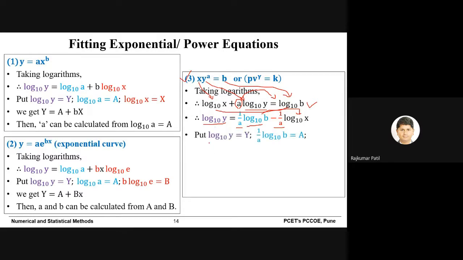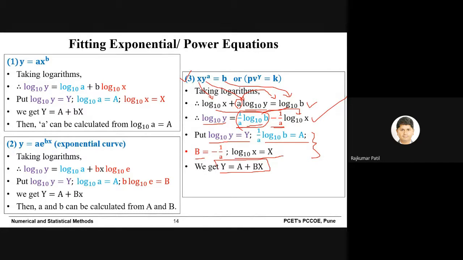So put log to the base 10 y equal to capital Y, 1 upon a log to the base 10 b equal to capital A, minus 1 upon a equal to capital B, and log to the base 10 x equal to capital X. When you put all these values in this equation, it will take this form: Y is equal to capital A plus capital B X. And again, small a and small b are the two unknowns in equation number 3, so they can be calculated from capital A and capital B.